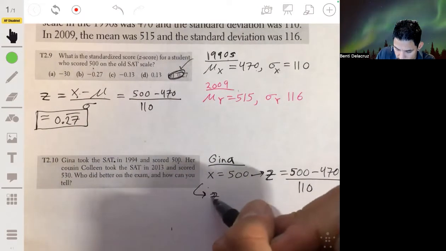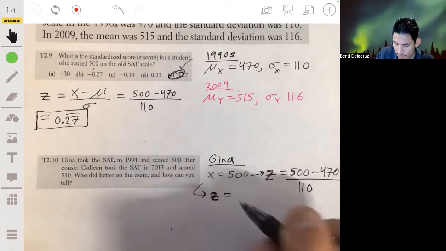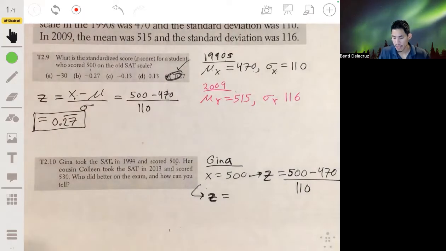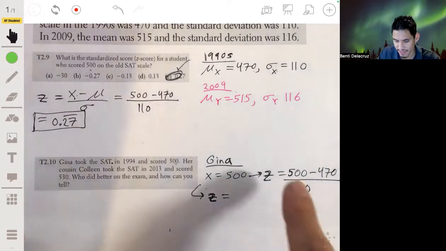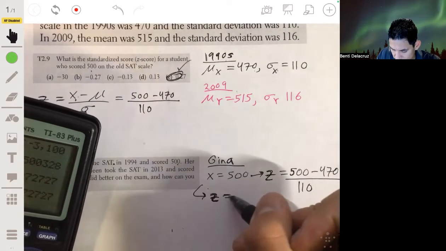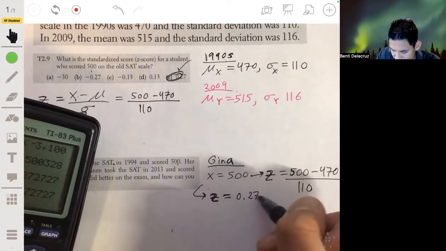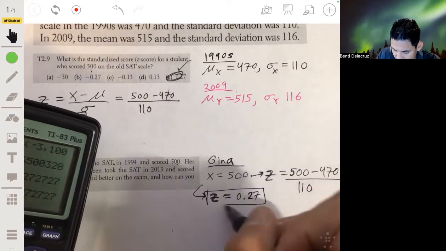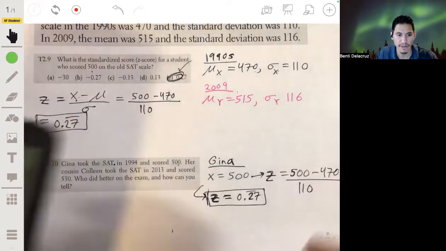So the Z-score of Gina would be the same as before, 0.27. We just calculate 0.27 repeating.